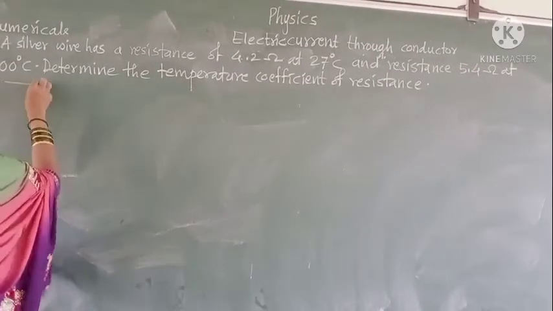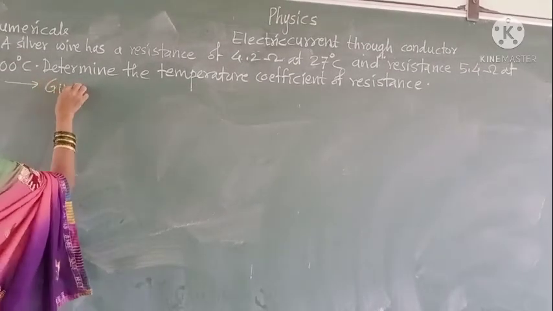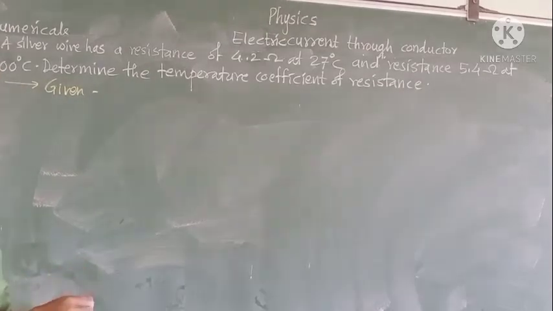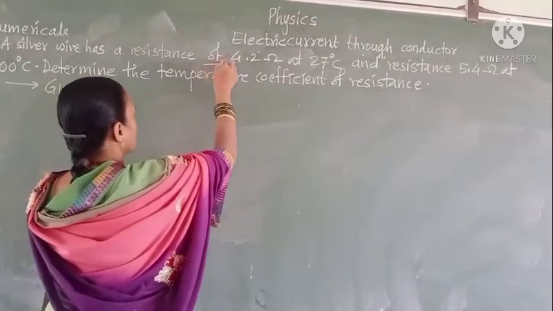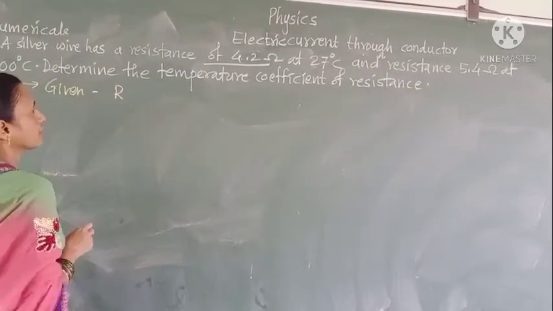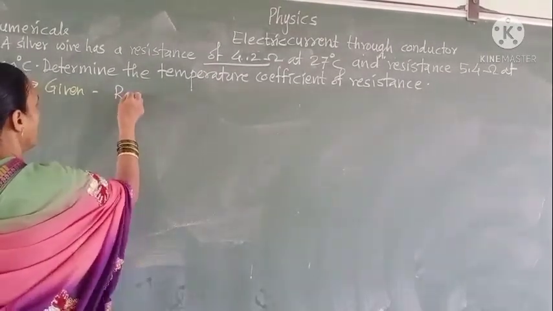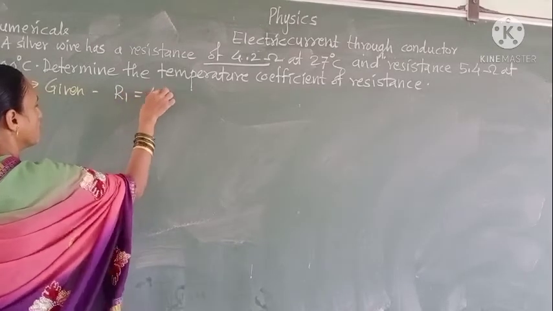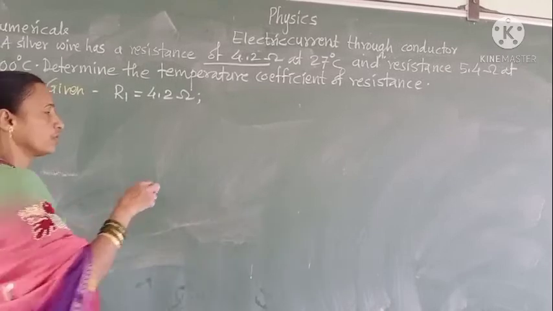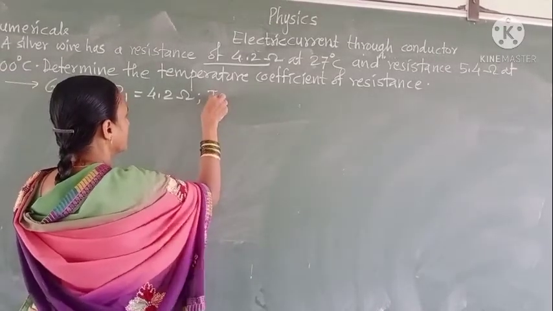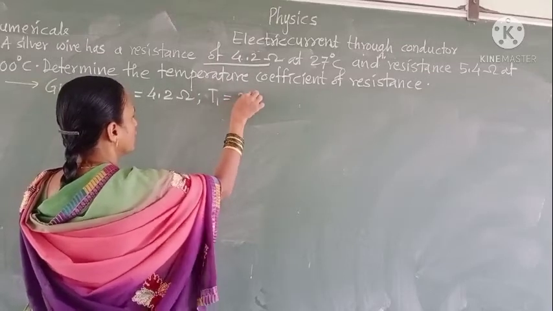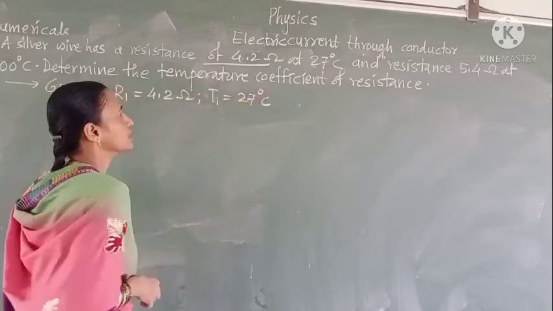First, here we have to take the given terms. The silver wire has a resistance of 4.2 ohm, means initial resistance of the wire, that is R1, which is equal to 4.2 ohm. When the resistance is 4.2 ohm at this temperature T1, which is equal to 27 degree centigrade.